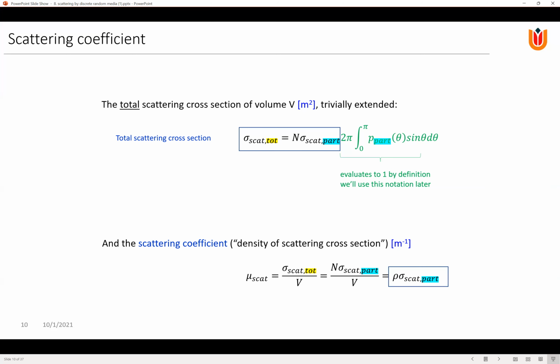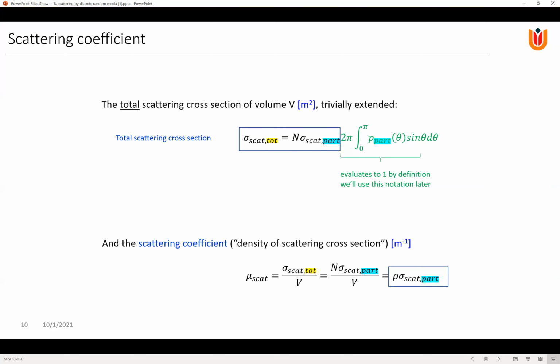The normalization property of the phase function was that it was 1. So adding this is basically a trivial thing to do, just adding a factor 1. I'll need that later on, so I'll keep it.